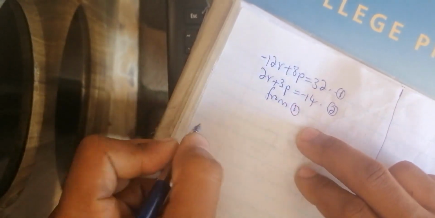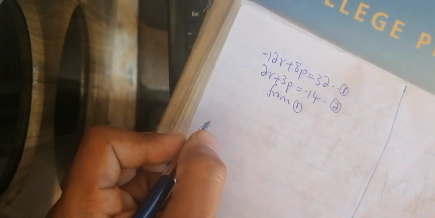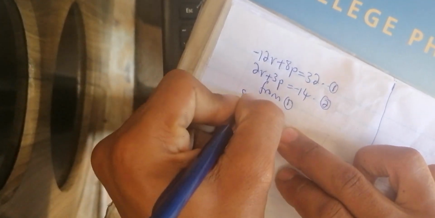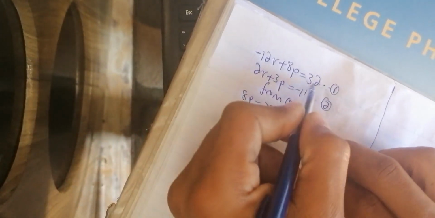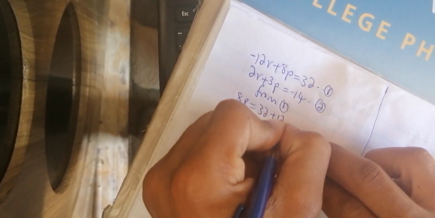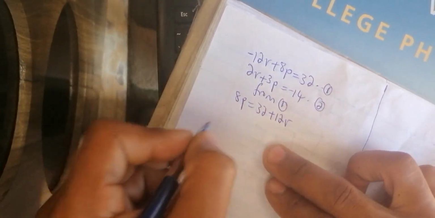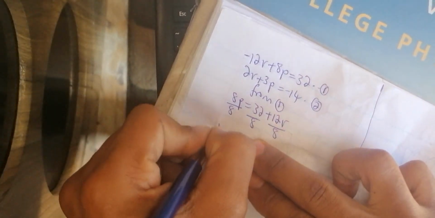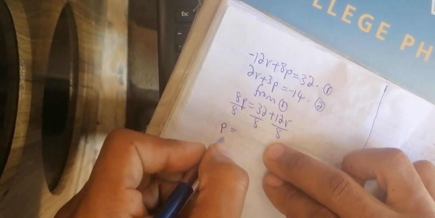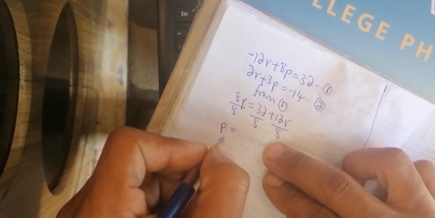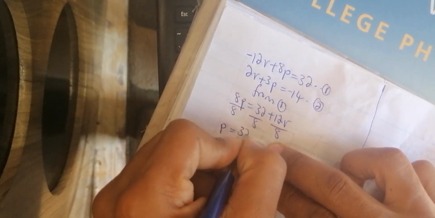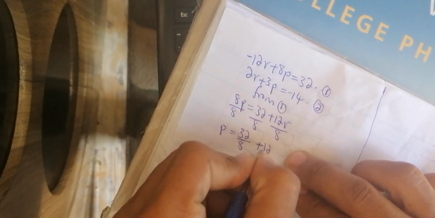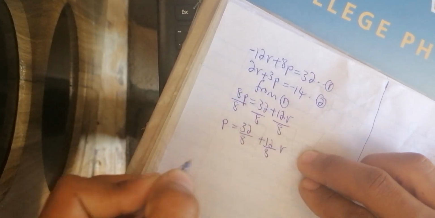Then from 1 we make either P or R the subject of the formula. So I'm going to say 8P equals 32 plus 12R, and I'm going to divide by 8 so that P equals 32 divided by 8 plus 12 divided by 8R.